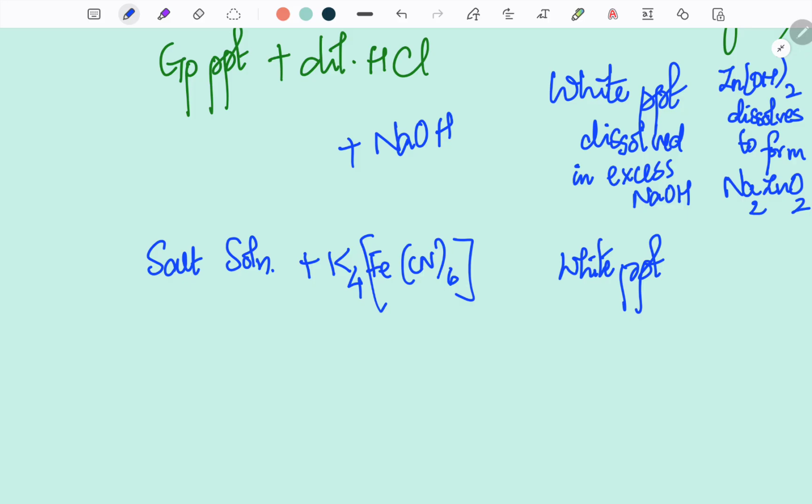So if you're getting a pale yellow or a white PPT, that means zinc is confirmed. And the precipitate that is formed is actually Zn2FeCN6, that is zinc ferrocyanide.